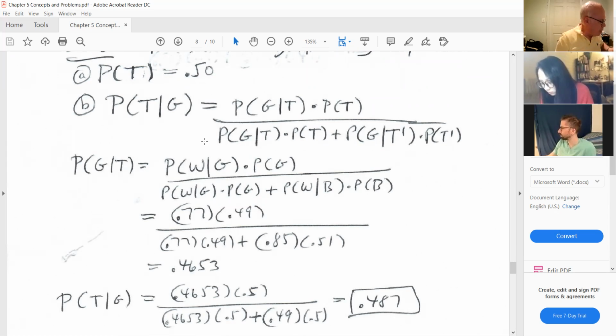The wording is: the couple's newborn child is a girl, right? What is the probability that the couple was in the treatment group? So this is what they're asking. They're asking this probability right here: the probability that if you have a girl, they were in the treatment group as opposed to not being in the treatment group.